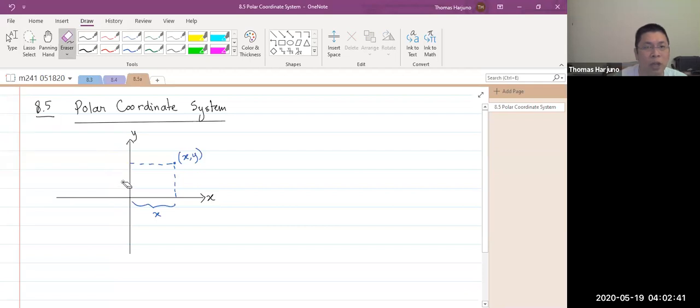Now, in the polar coordinate system, we look at the same position, but instead of how far we go to the right and how far we go up, we express it by the angle from the positive x-axis and how far we go from the origin. So this will be the radius, and this will be the theta.